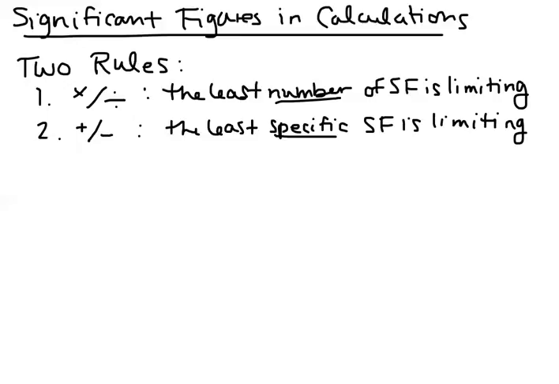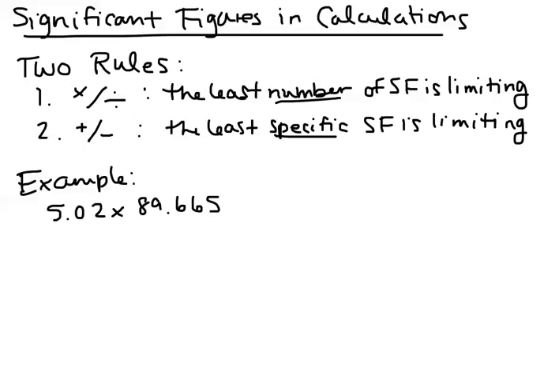So for multiplication and division, we have 5.02 times 89.665 times 0.10. First number, how many sig figs? 3. Second number, how many sig figs?